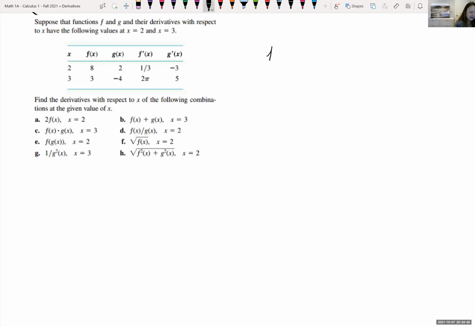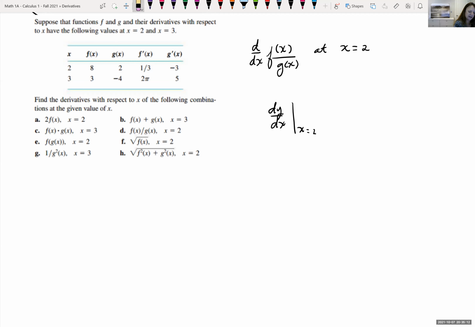So we want to find the derivative d dx, I haven't done it yet, of f of x divided by g of x at x equals 2. Well, let's first look at where we're just taking the derivative of this function, f of x over g of x.